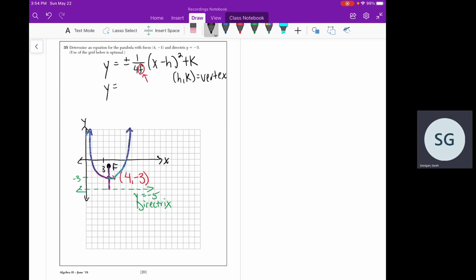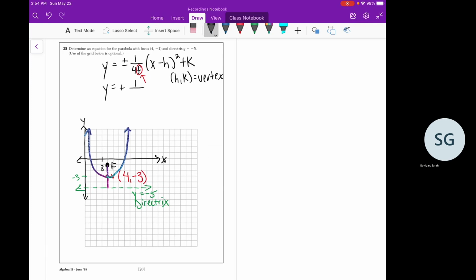Now, when I drew that parabola, it was a happy parabola, so I'm going to make sure I put a plus sign. That distance was 2. And my vertex is (4, -3). And I just have to simplify that a little bit.